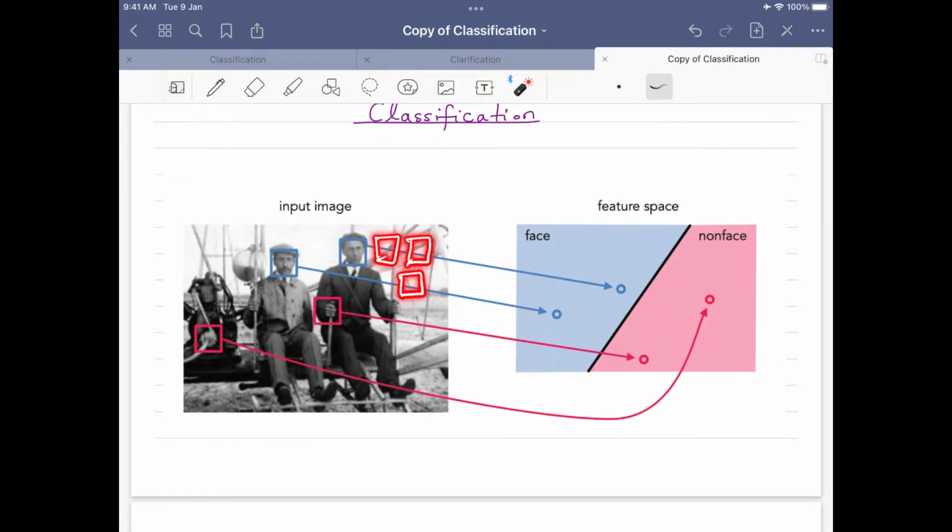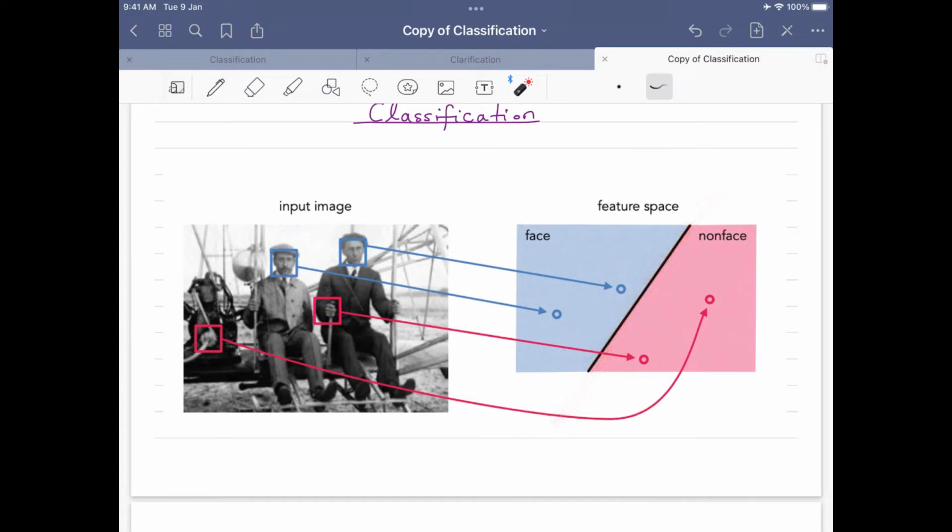You can easily realize that this portion does not include any face, so this type of sample will be present at this part of the location, whereas if the bounding box encloses a face, then it will be on this side of the boundary. So our target for a classification technique is to come up with the decision boundary which separates the two classes, that is the face versus the non-face classes.